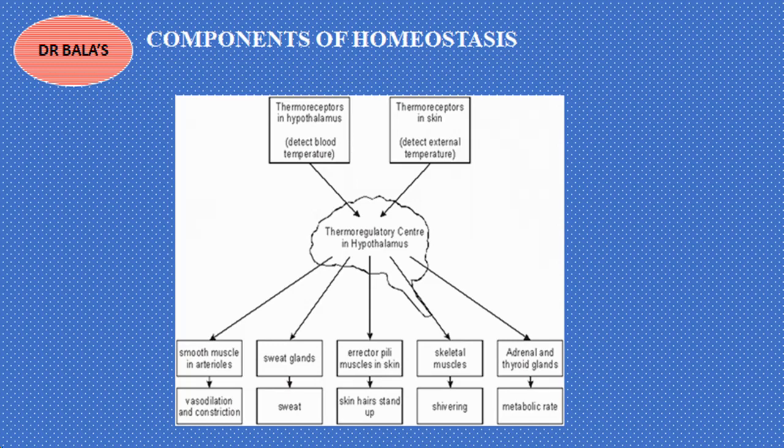That is why it is called a control center or controlling organ. If the temperature outside is very low, I have to increase the temperature. If the temperature outside is very high, then I have to lose temperature. One is called conservation of temperature, another is losing temperature, because it maintains the temperature inside at a particular set point, which is 37 degrees.